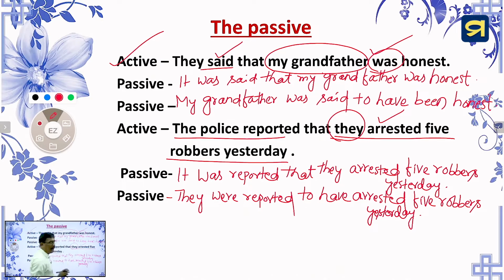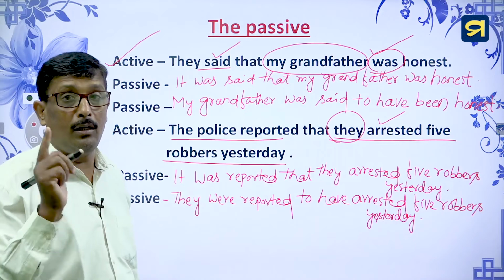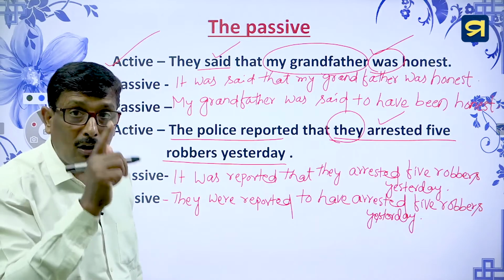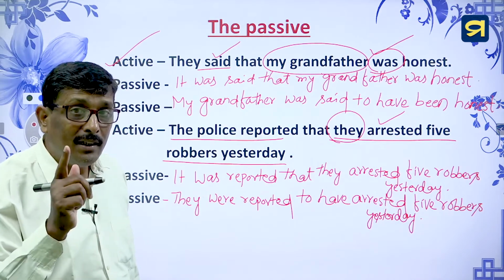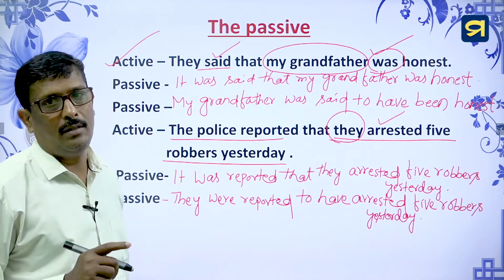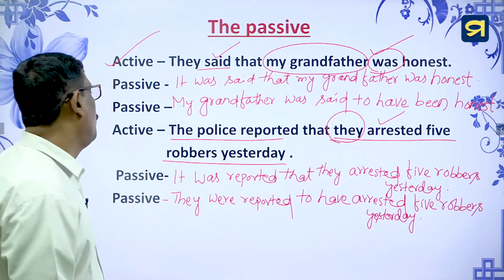Here the third form of arrest is arrested, followed by to have. Did you understand how we will change from active voice to passive voice when that clause has active voice? Then we will go for the next one.